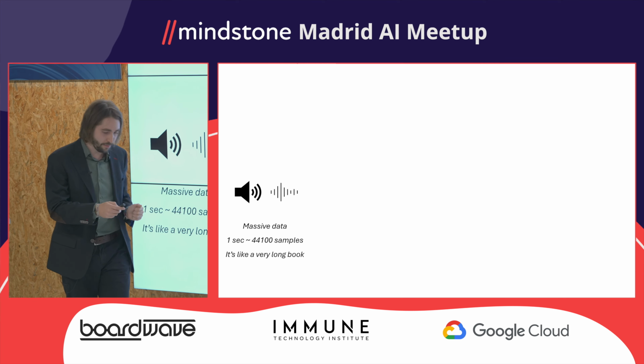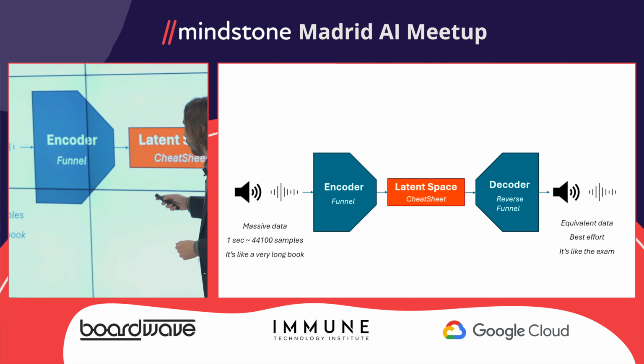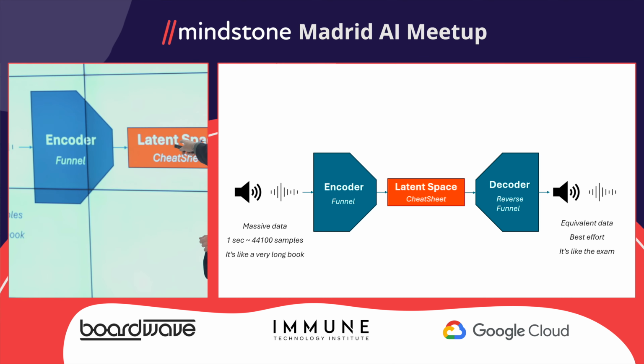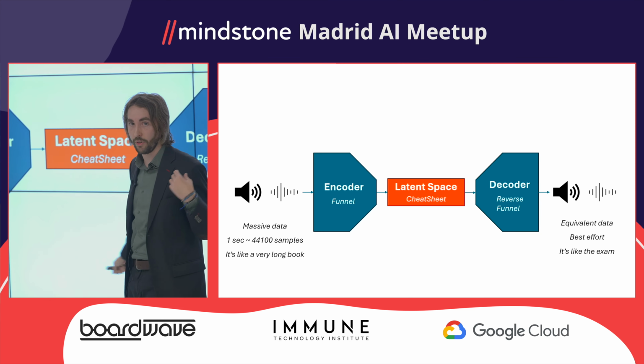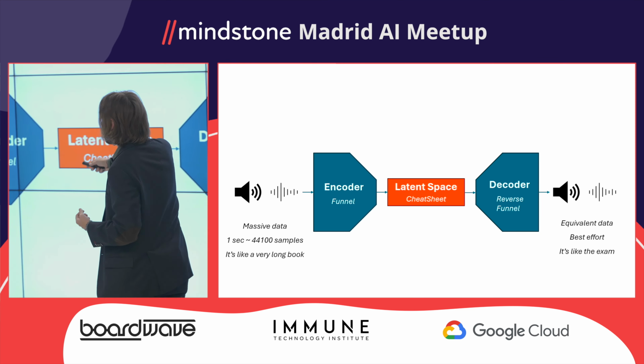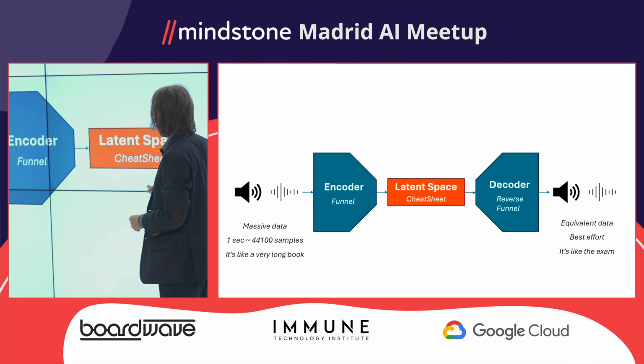Let me explain a bit better, because in engineering we usually talk about this scheme, which is first we try to convert this into a smaller piece of information, which is encoding in engineering fashion, but it's a funnel. Something big is converted into something smaller.